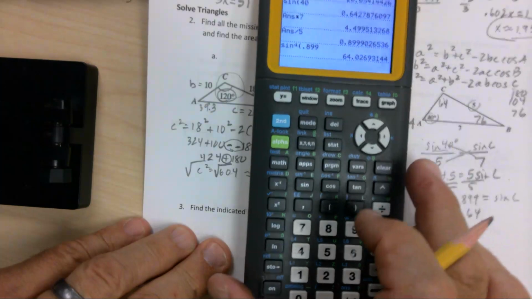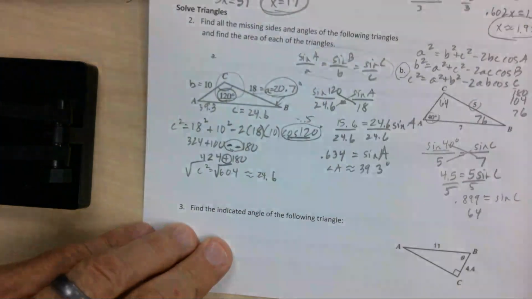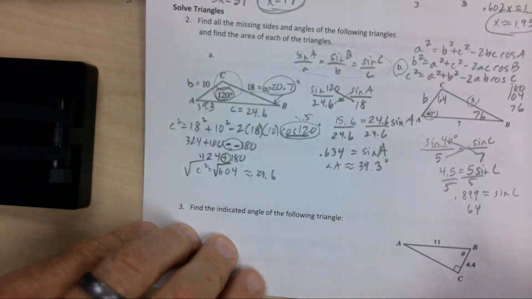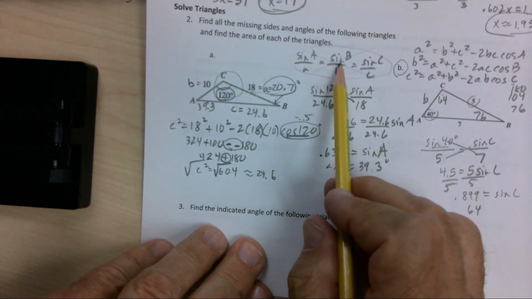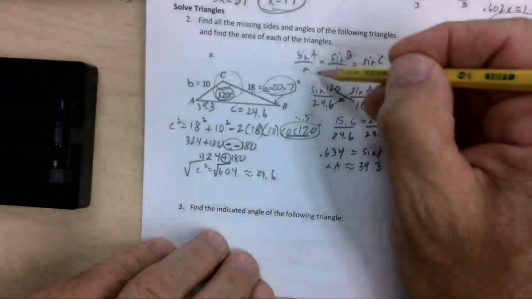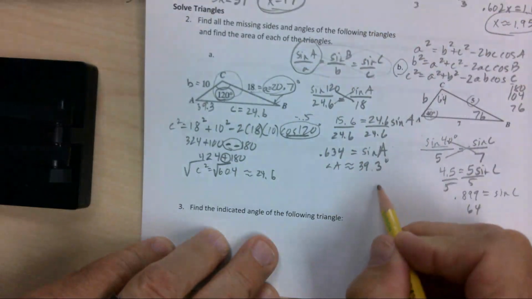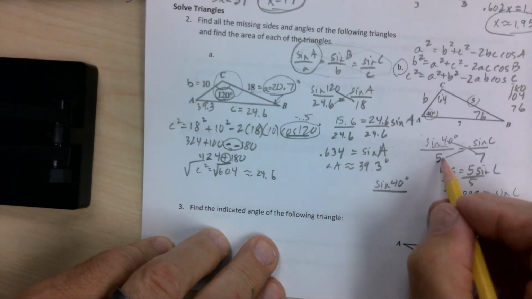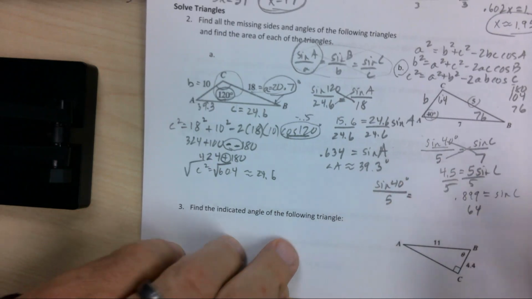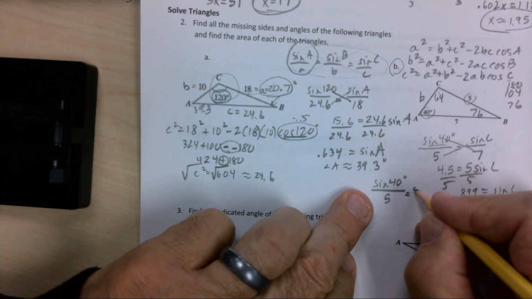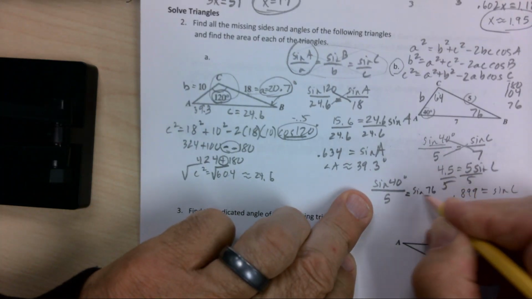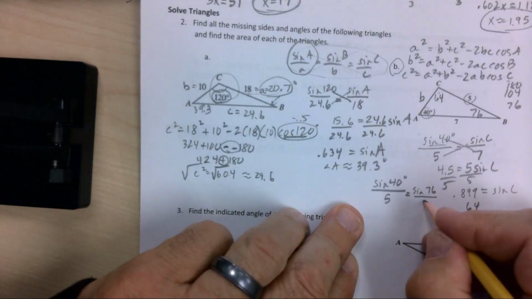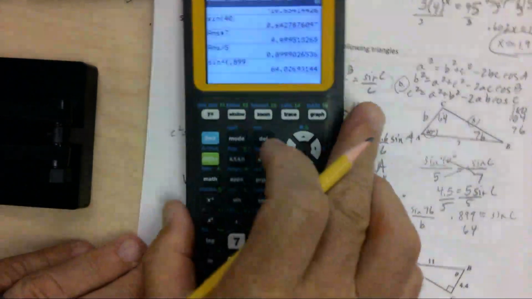And, oh, we still need to find a side, which is side B. And if we can use the law of sine, I'm going to use the law of sine. Now, I've already used this stuff, so I'm going to use it again. So sine of 40 degrees all over side A, which is 5. And now we're going to go sine of 76 degrees over side B. And so here we go.